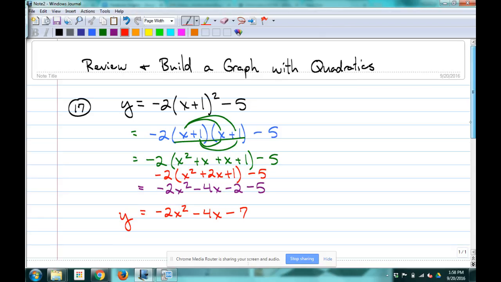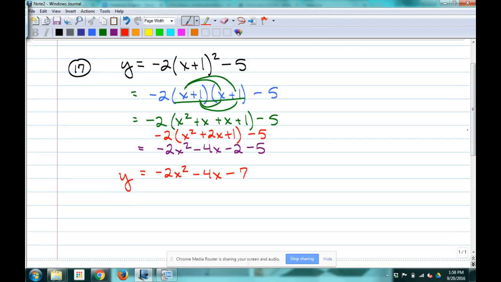So this is vertex form. This is standard form. That's the very first thing we did, I think Thursday of last week. Vertex form to standard form.